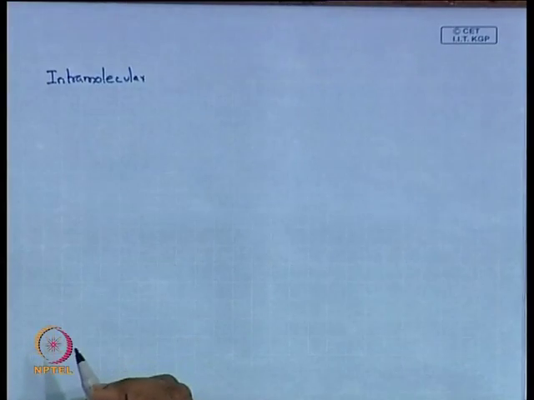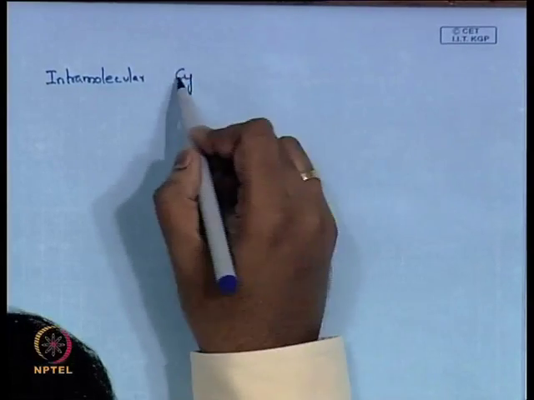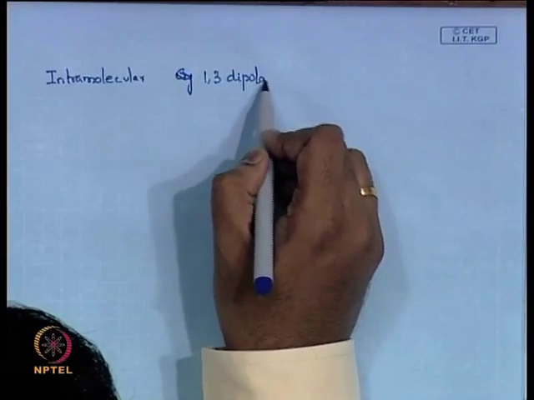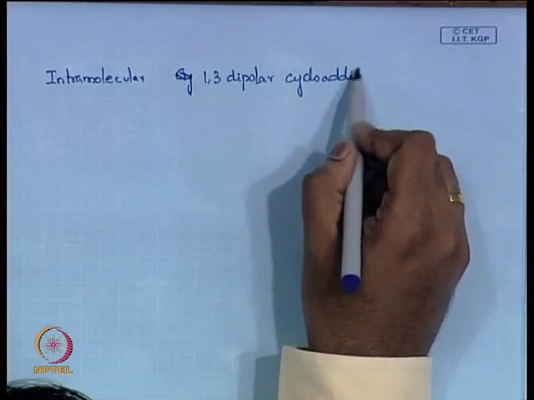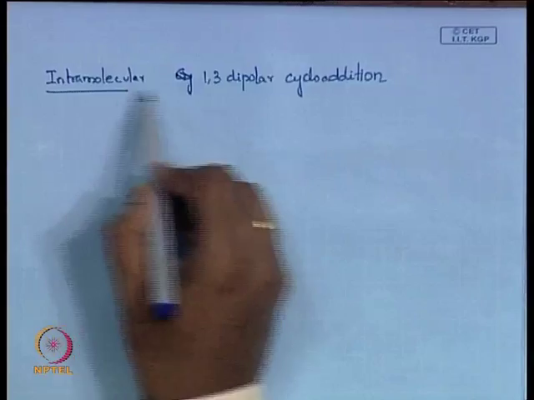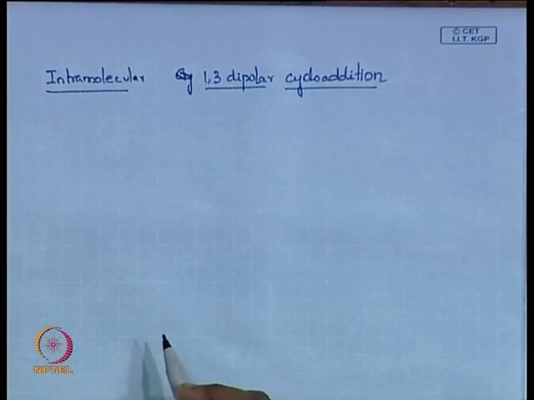This type of reaction, you can see a lot of intramolecular cycloadditions, intramolecular 1,3 dipolar cycloaddition. Yeah, you have studied intramolecular Diels-Alder also, right?